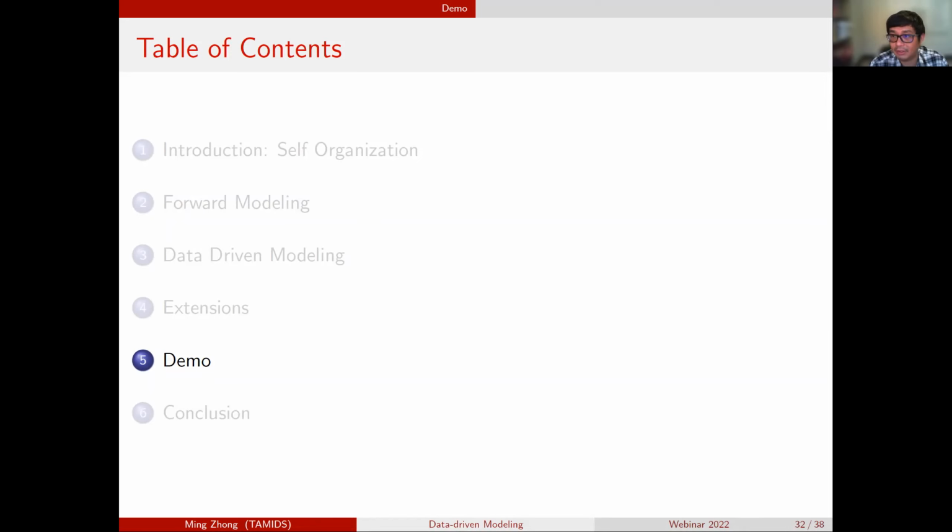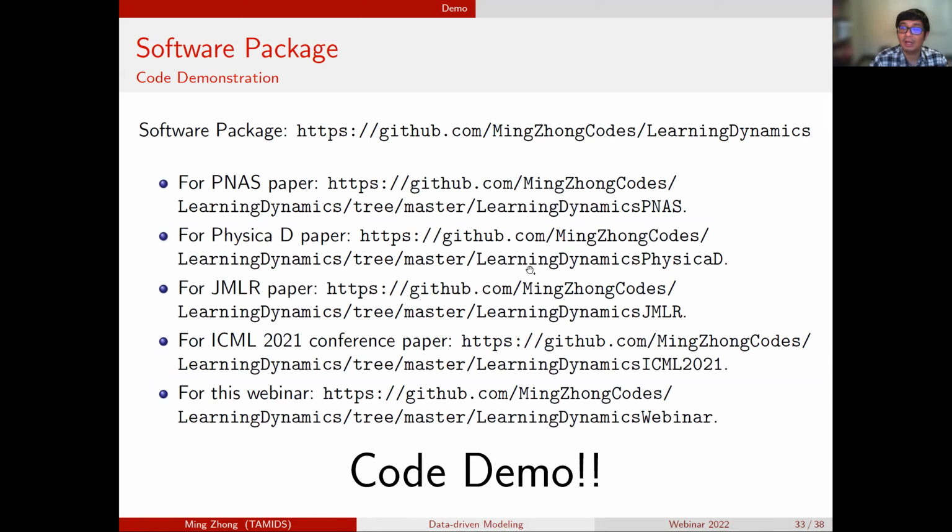We can learn dynamics of agents of different types. We can learn first order systems. We can learn second order systems. But the next thing is, how can I actually put everything into this software package, so you can use the API that we developed, and generate a learning case of your own dynamical system.